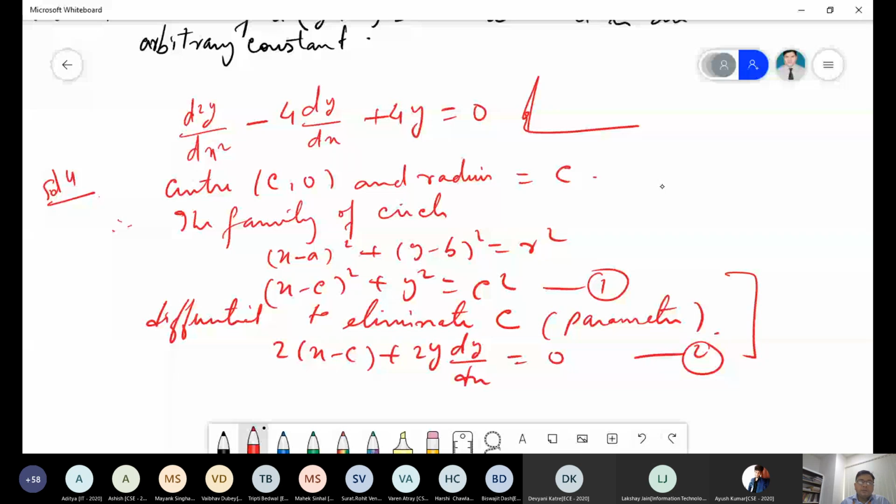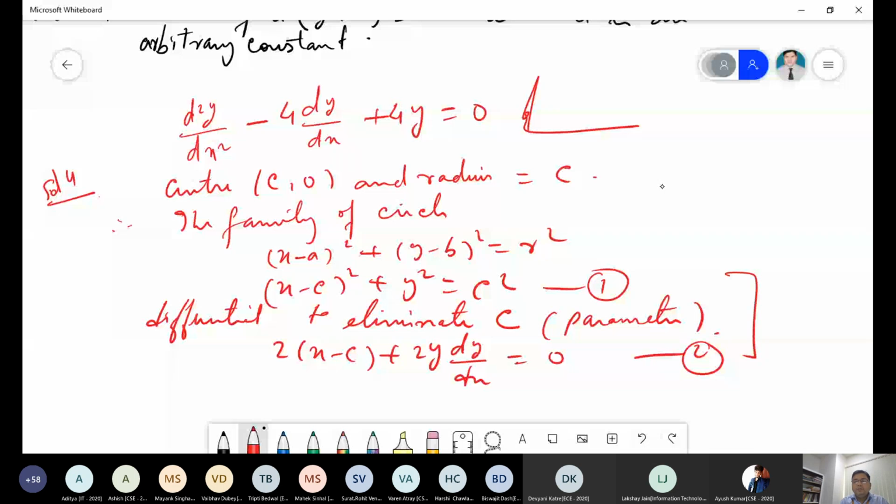So when you eliminate, because 2 into (x minus c) and here c is there, so when you put this value, the 2 and 2 cancel, so x minus c equals minus y dy by dx. You just put the value here, and then you eliminate.